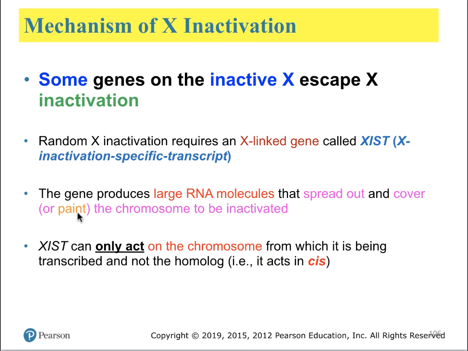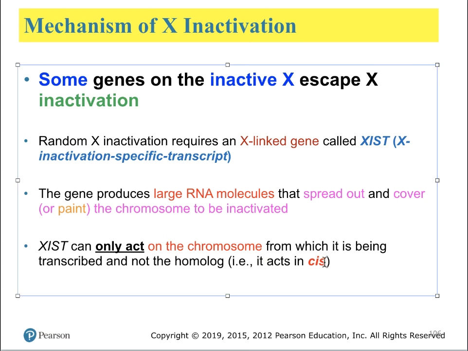And that's known as chromosome painting. This process is only going to happen on the chromosome that generates this type of RNA. And that in genetics is known as a cis form of action, as opposed to trans, which means the opposite chromosome. This is a cis form of activity.